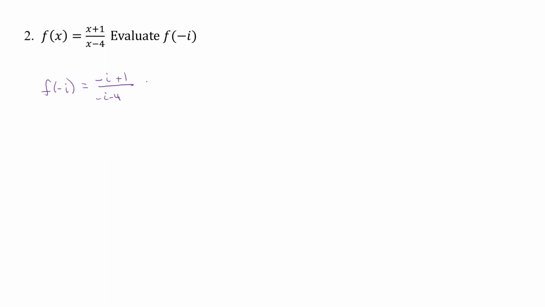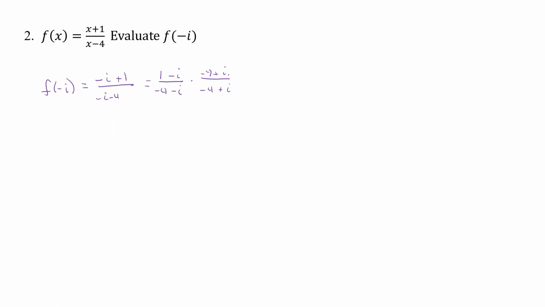So if we need to, rewrite it as 1 minus i over a minus 4 minus i, so we don't forget that this is what we need to take the conjugate of. Or if we know that the conjugate really is of that first term, we can go ahead and just say, okay, the conjugate is i minus 4, multiply numerator and denominator by that and continue on, then we're fine. But if we need to, we can write it in standard form. And so then when we multiply, we're going to multiply by a minus 4 plus i and a minus 4 plus i.